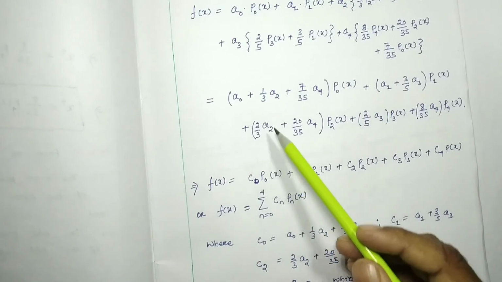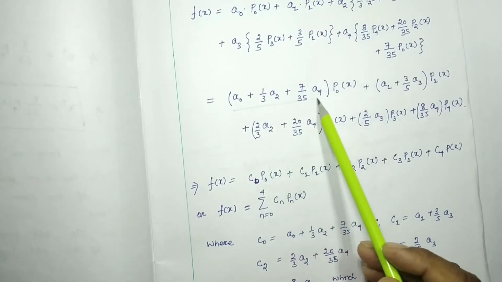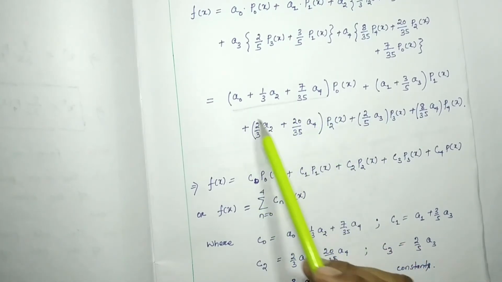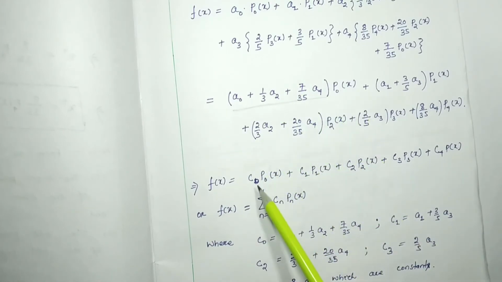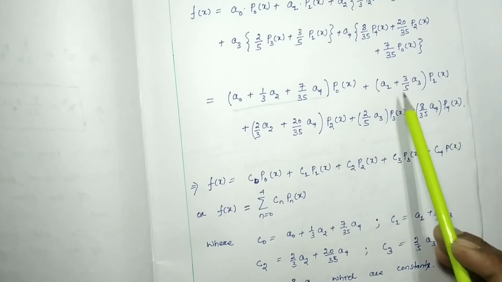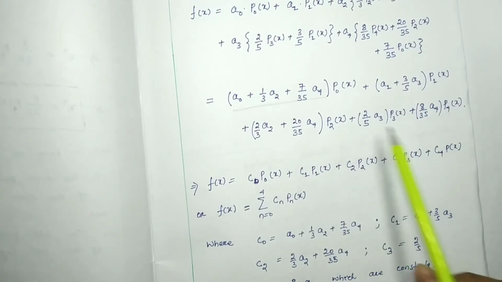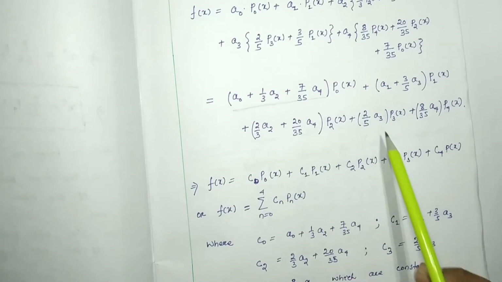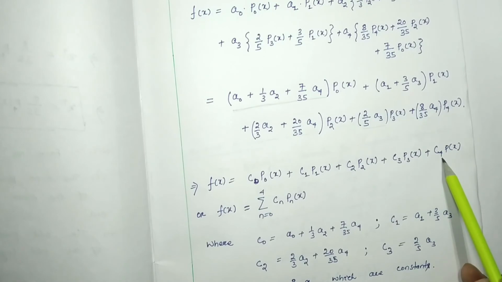By further simplifying, the expression can be written like this. The constant coefficient of p0x can be written as c0, the coefficient of p1x as c1, this one as c2, this as c3, and this as c4.